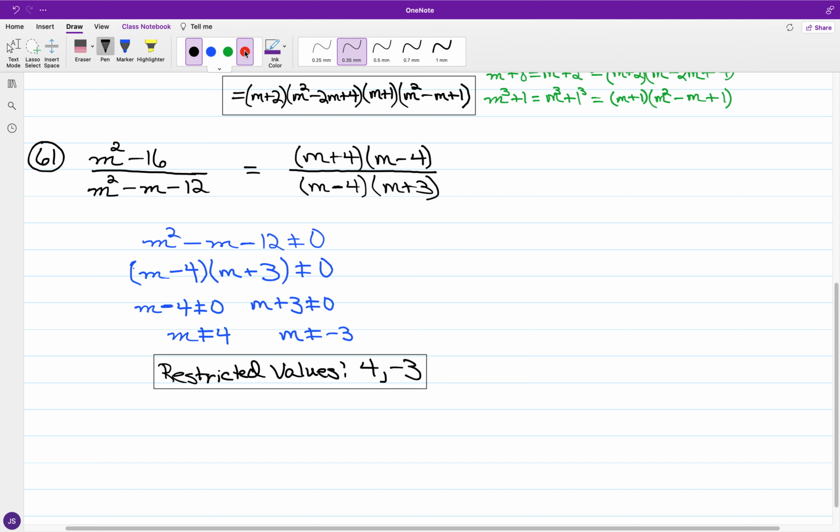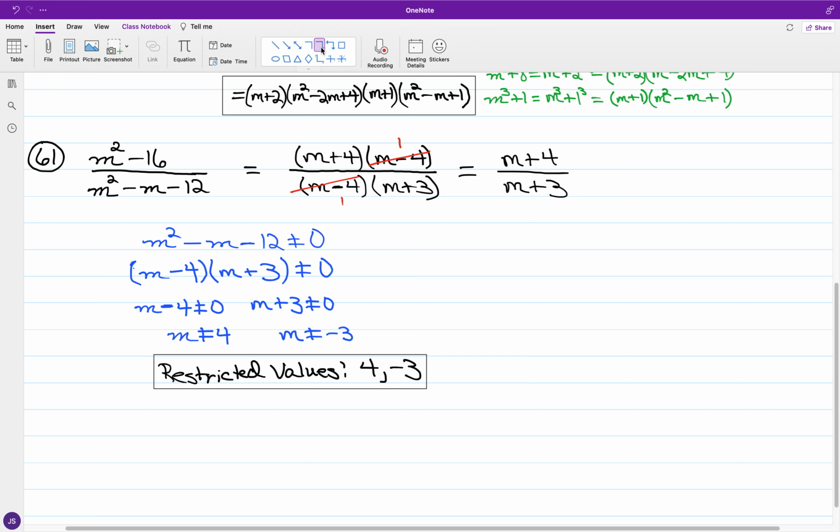Notice we have a common expression between the numerator and denominator, m minus 4, so these cancel out. This becomes m plus 4 all over m plus 3, and this is the simplified form of this ratio.